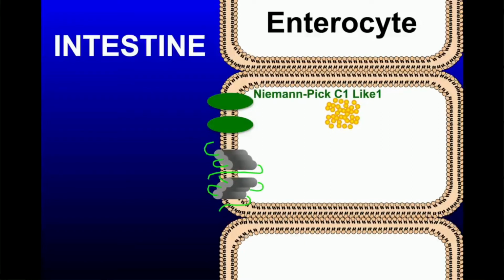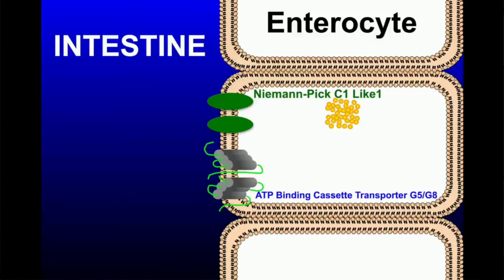This receptor is called the ATP binding cassette transporter, G5 or G8. There are two of them. They work together conjointly if they're working properly. And the purpose of that receptor is, the intestinal cell says, oh my God, we absorbed too much cholesterol through the Niemann-Pick. We're not going to let it go inside.